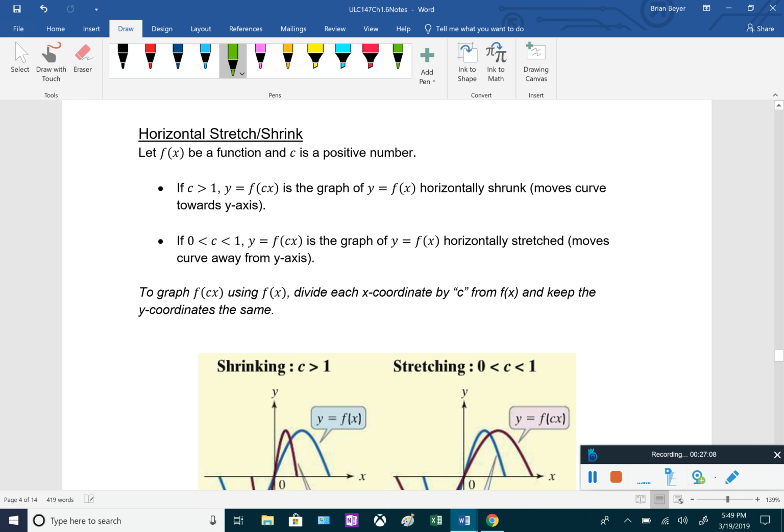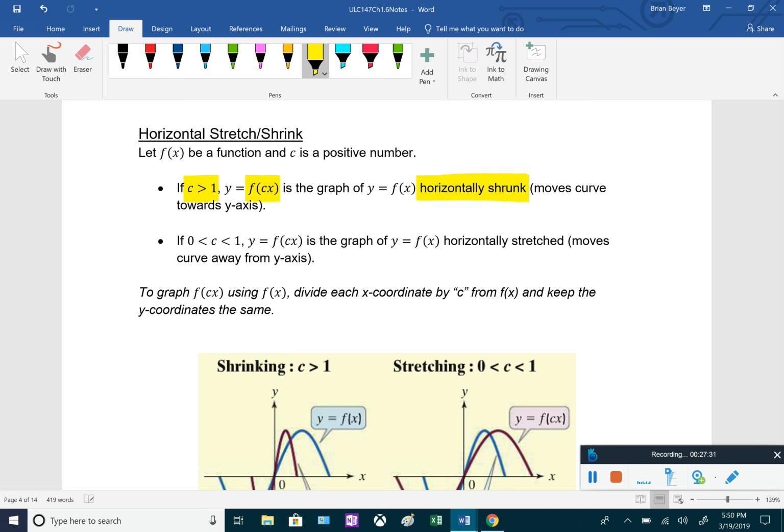So a horizontal stretch or shrink, we have two cases again. If c is greater than 1, now we're going to have a number c multiplying the x. So once again, anything horizontal is being done on the x, so it's going to be f of c times x. It's going to be the graph of f of x horizontally shrunk.